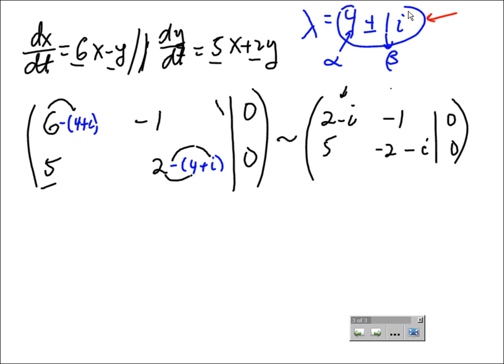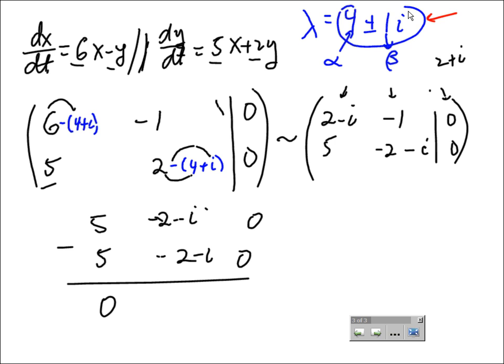If I multiply each entry by 2 plus i, I'll get 5, negative 2 plus i, 0. And the second row is just what it is. Let's actually distribute the minus. It'll be 5, minus 2 minus i. Now when you subtract, the row is zeros. So the first row I'm not changing, but the second row is just going to become a row of zeros.